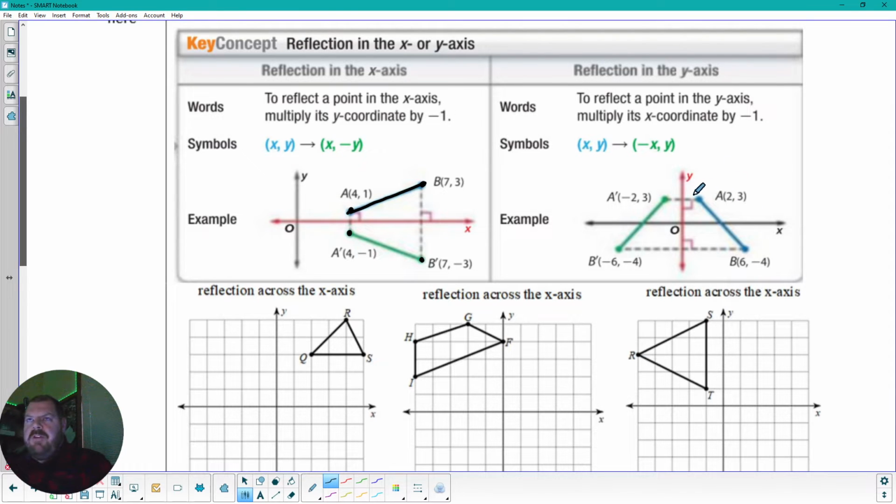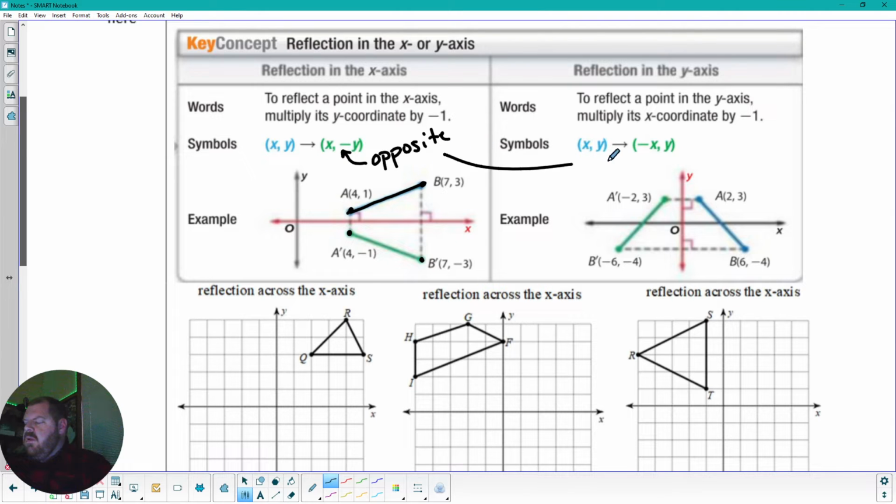But if we flipped a point with a negative coordinate, and that's the coordinate that's supposed to change to its opposite, then it would just turn into positive. So think about these negative signs as really just saying the opposite, rather than thinking of it as negative.